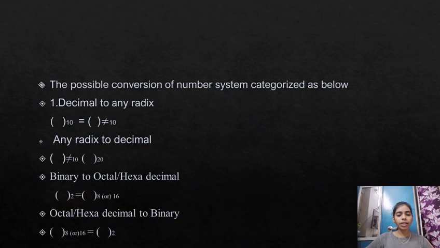If we take binary to octal and hexadecimal, group binary digits, 3 bits for octal, 4 bits for hexadecimal, and convert directly. The possible conversions of number systems are as below: decimal to any radix, any radix to decimal, binary to octal and hexadecimal, octal and hexadecimal to binary.